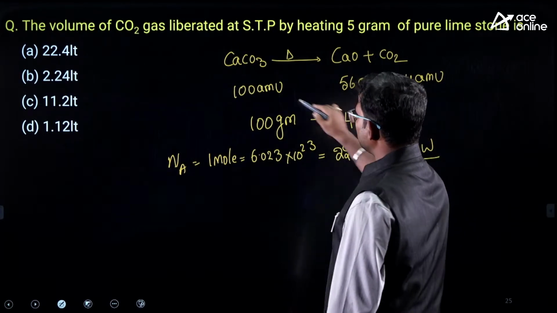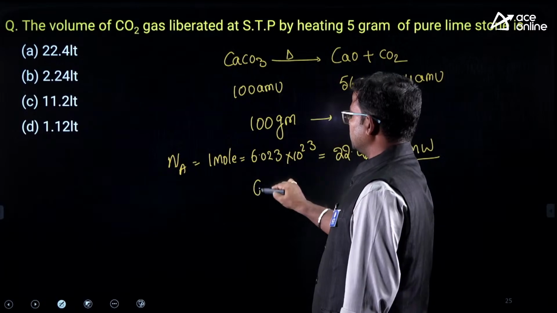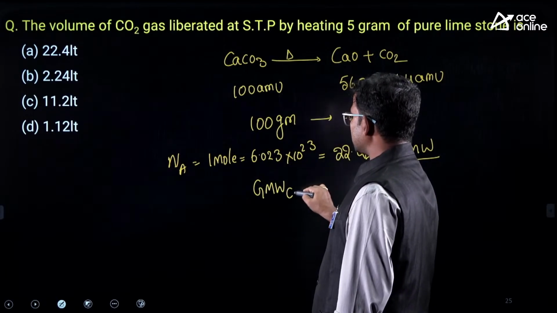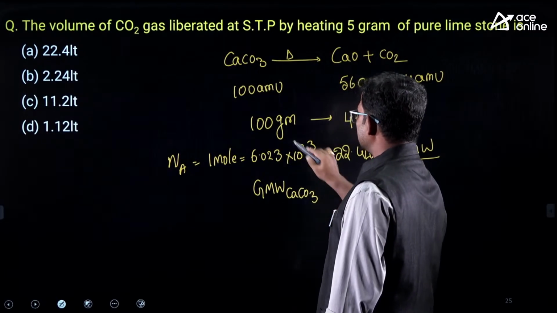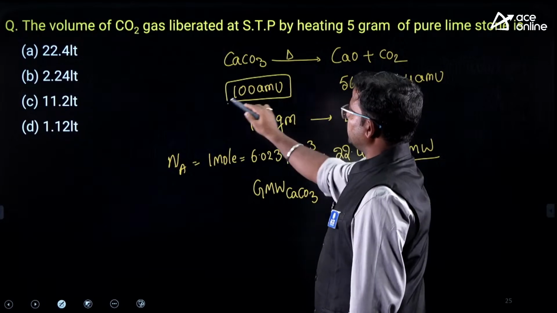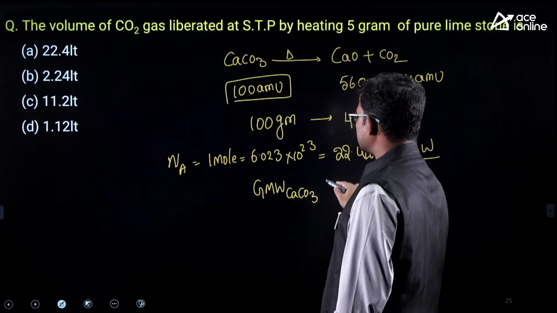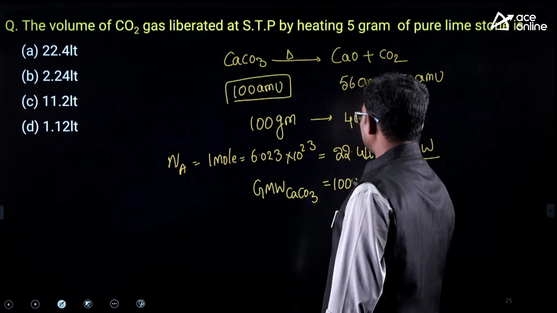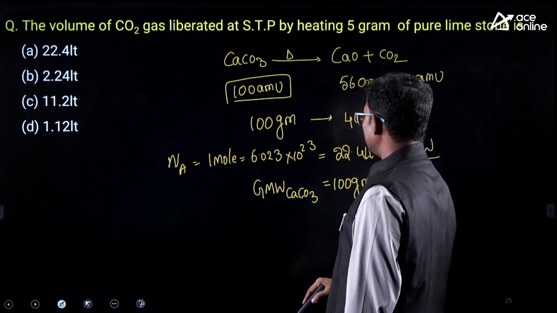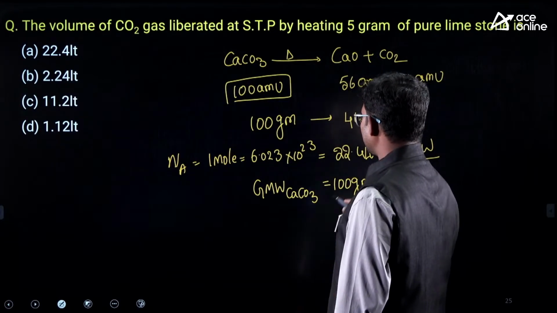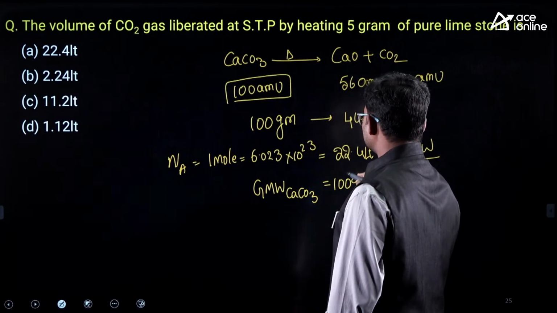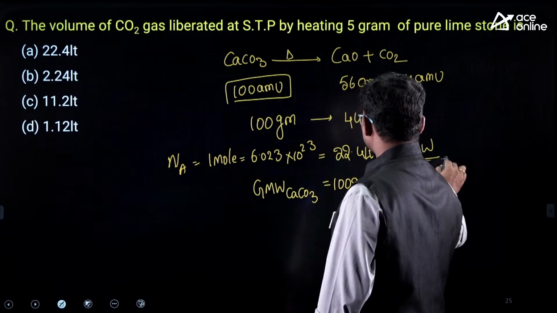So what is the gram molecular weight of calcium carbonate? They mention 100 here. If you add grams, then that is treated as the gram molecular weight of calcium carbonate. If you consider 100 grams, then it is equal to the gram molecular weight.